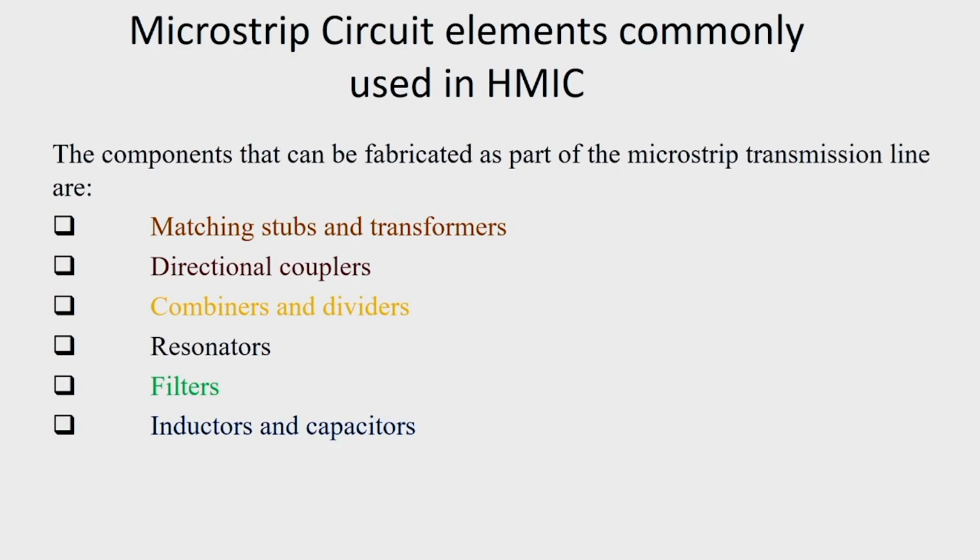So, these are some of the components which can be fabricated as a part of the microstrip transmission line while fabricating the transmission lines. Thin film resistors also can be fabricated.